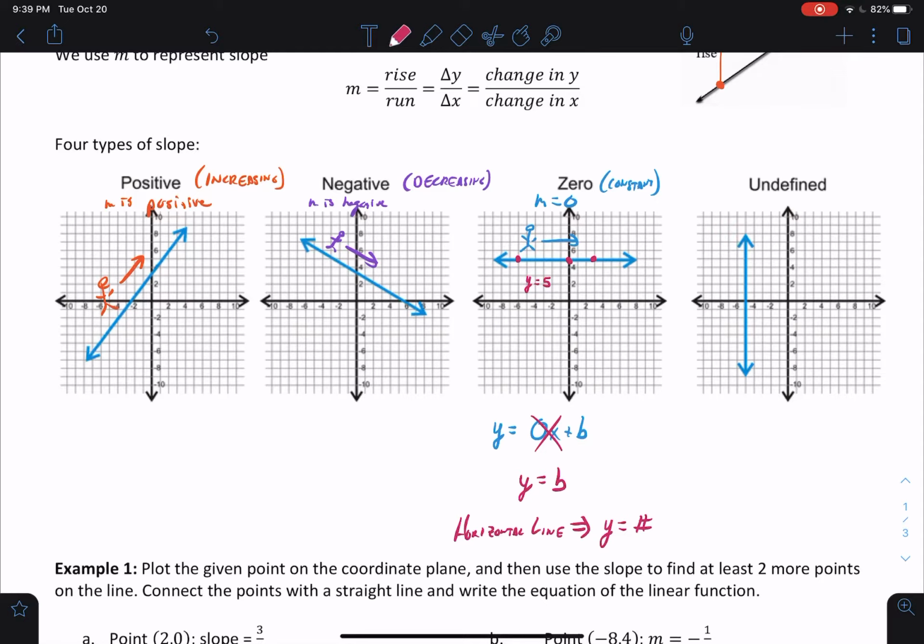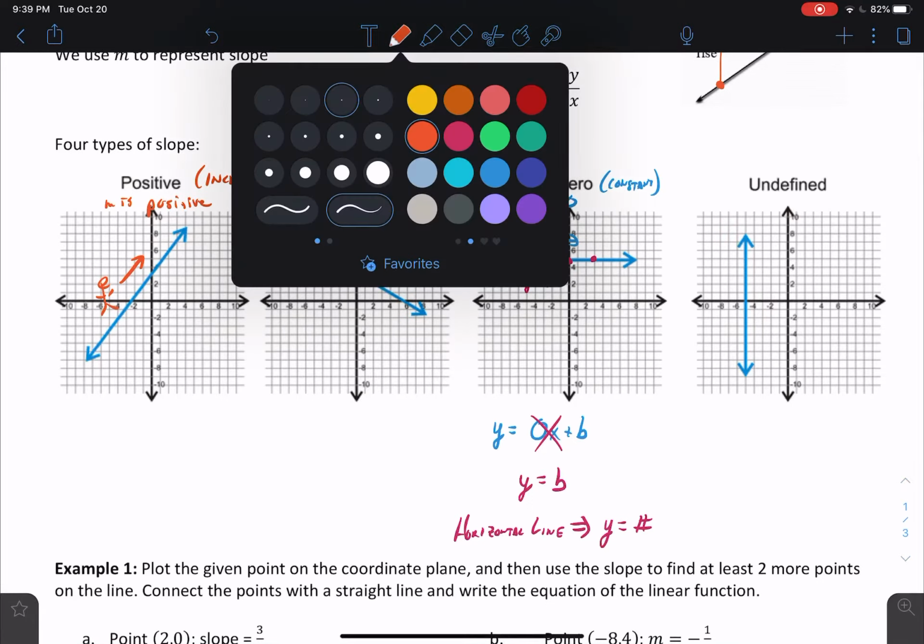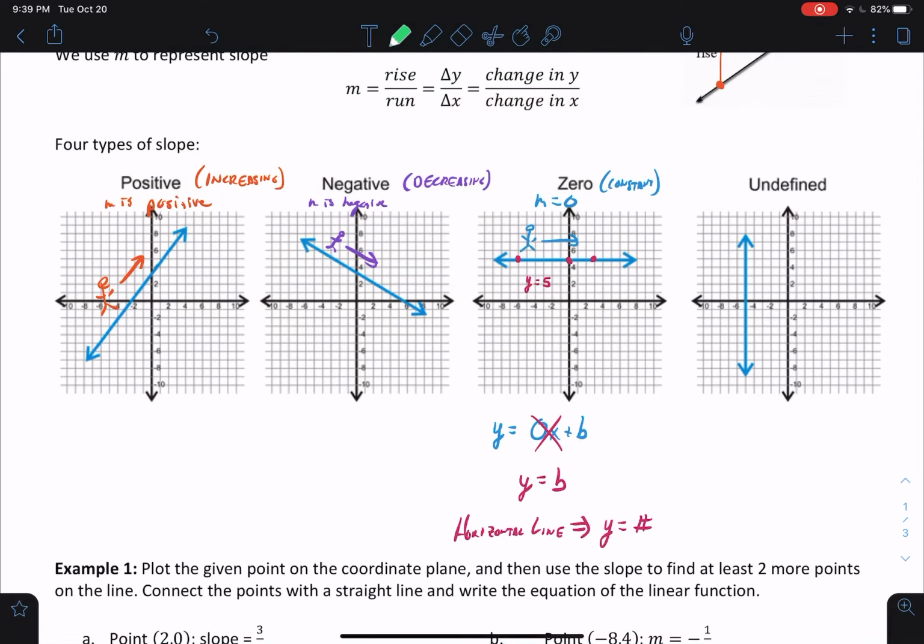And then for this one, we could have an undefined slope. This is not a function. Undefined slope. There is no slope. We are rising as much as we want, but we're not running at all. There is no change in x.